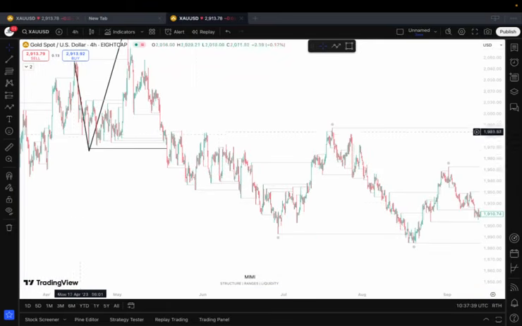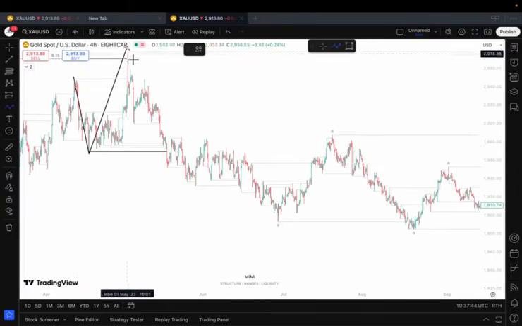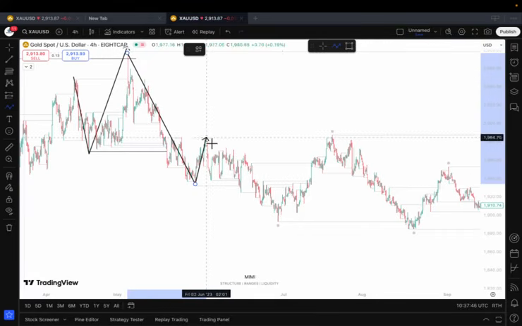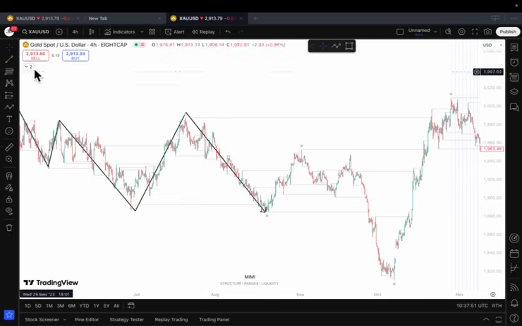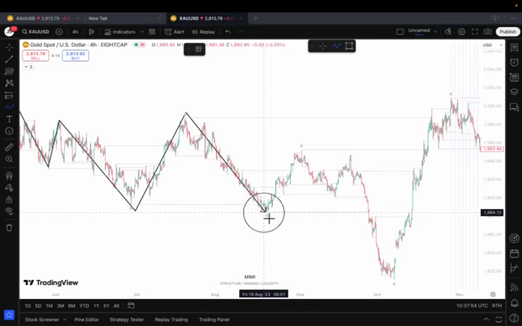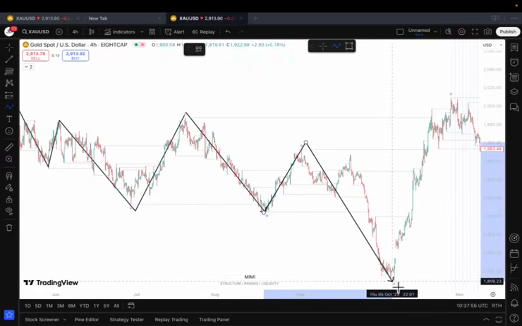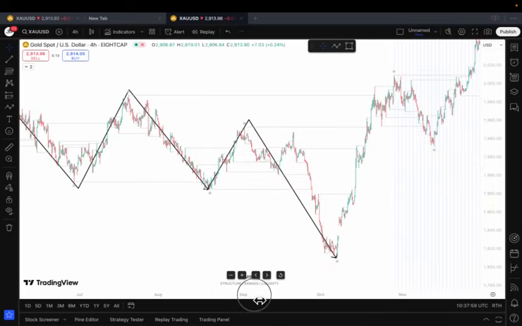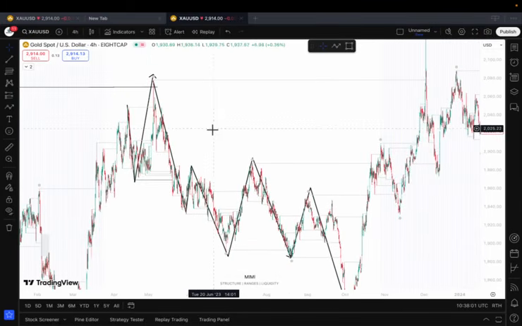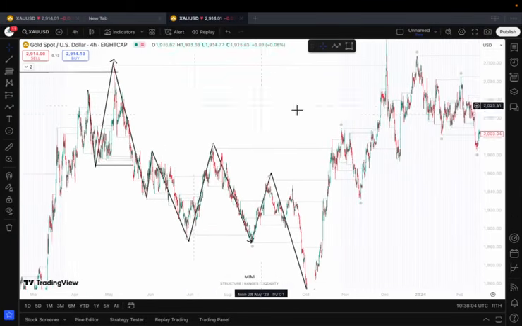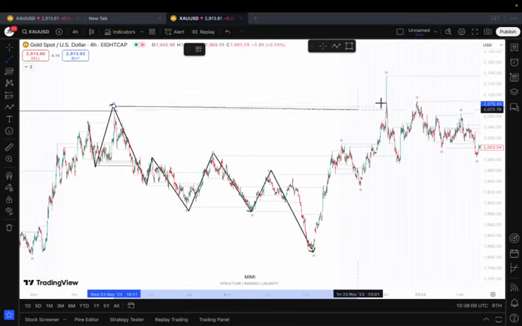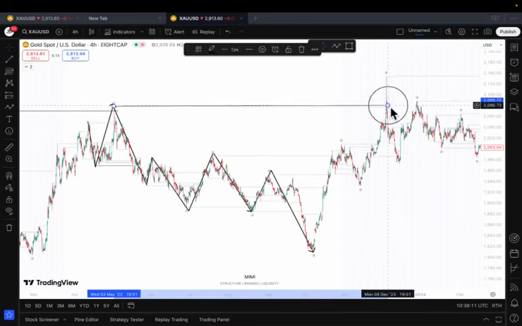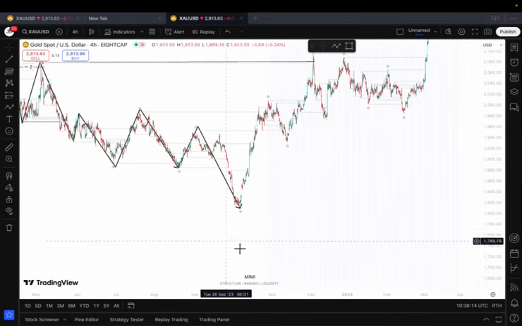So now let's draw three breakout structures here to validate what I'm saying. 1, 2, 3. Okay, so now let's say that this is our range high, and this range high got taken out, which means that this low becomes our range low.